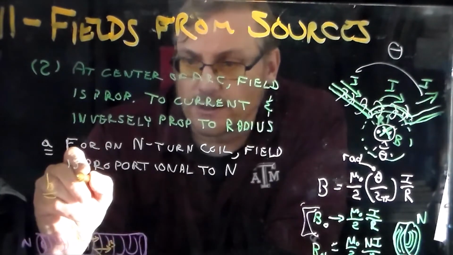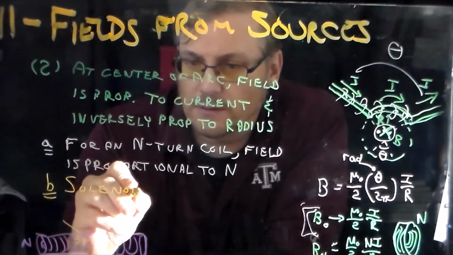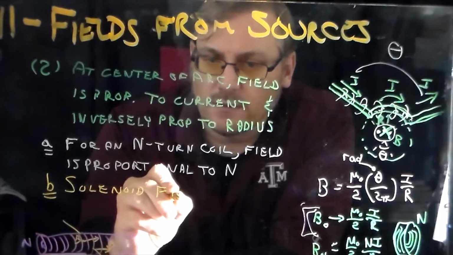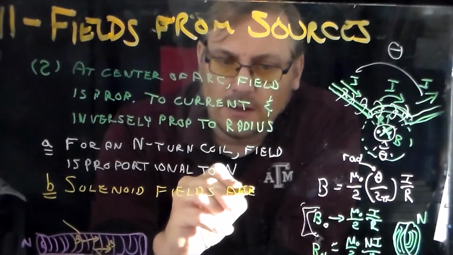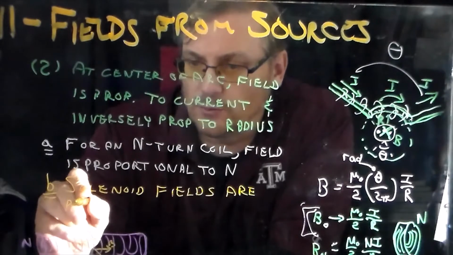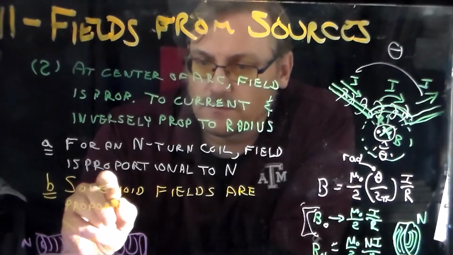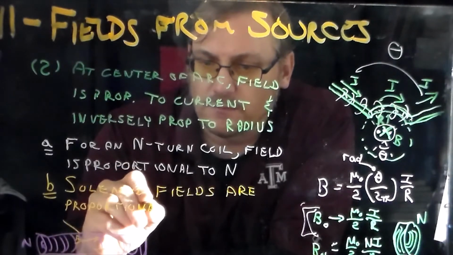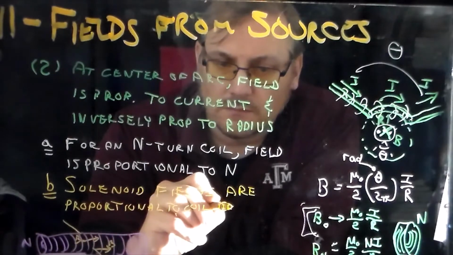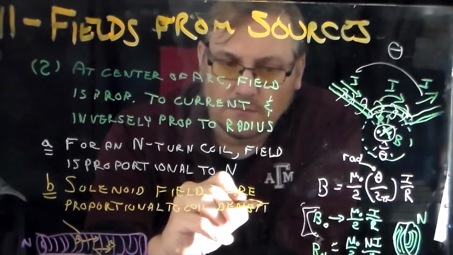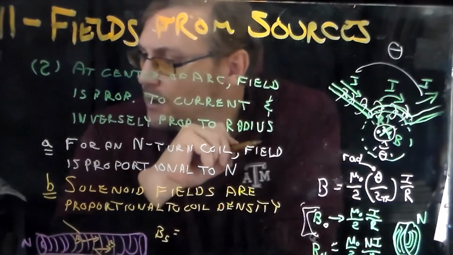So for that solenoid, the field is proportional to the density of coils, N over L. Okay, so that will be called B sub S for fun.